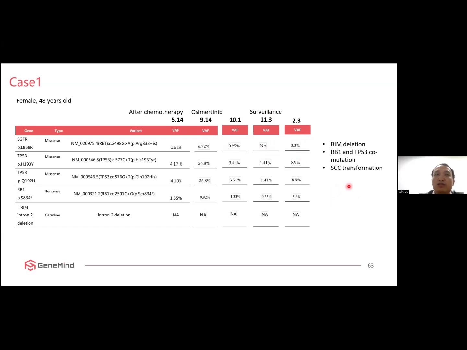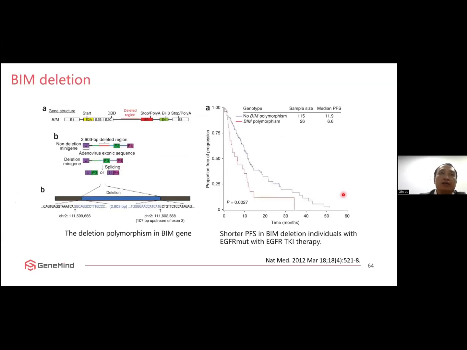And very importantly, he had BIM deletion, and he had RB1 and TP53 co-mutation. Based on the histological picture, he may have had small cell cancer transformation. BIM deletion is associated with primary resistance to EGFR TKI. As we see from this picture, if the patient has BIM deletion, he has worse survival.